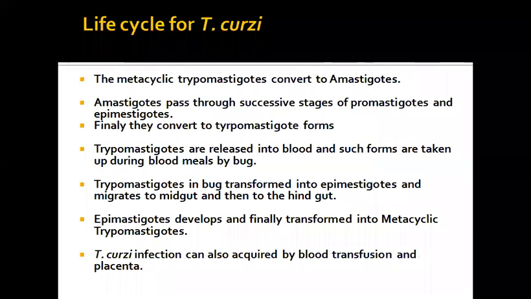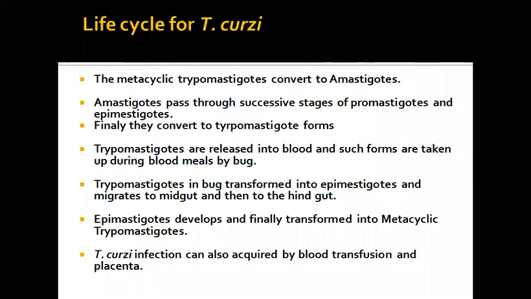The metacyclic trypomastigotes then convert to amastigotes. The amastigotes pass through successive stages of promastigotes and epimastigotes, and finally they convert to trypomastigote forms. These trypomastigote forms are then released into the blood, and these are taken up by the bug during a blood meal.